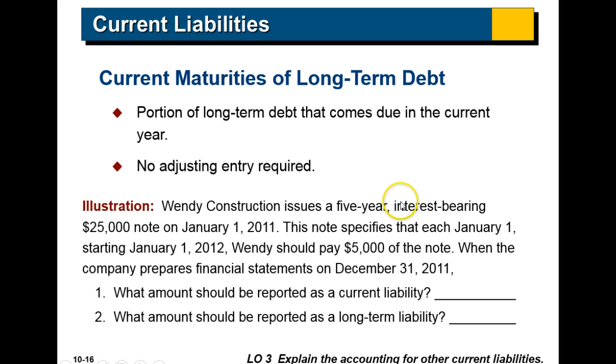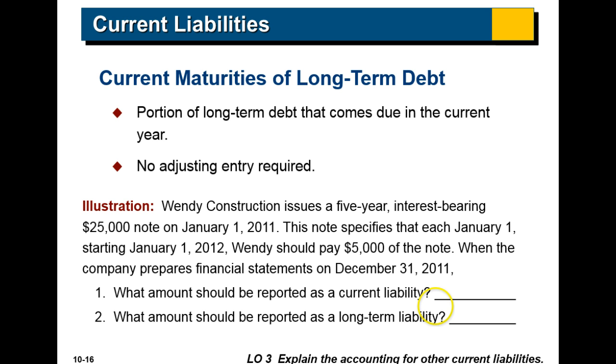Windy Construction issues a 5-year interest-bearing $25,000 note on January 1st, 2011. This note specifies that each January 1st, starting January 1st of 2012, Windy needs to pay $5,000 on the note.